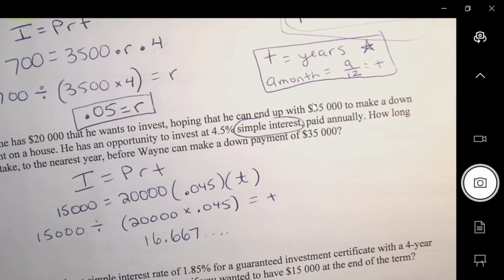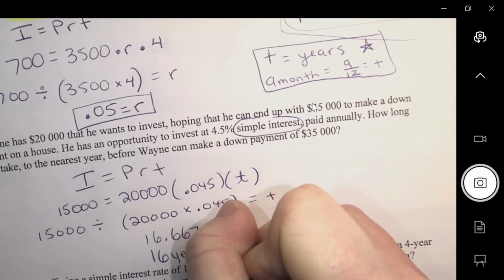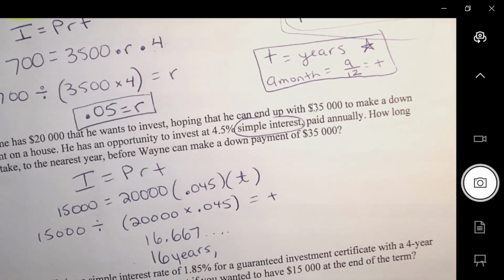Okay, what if I actually wanted to make you answer in how many years, comma, months? Let's do that instead. I'm going to challenge you a little bit more. So this would be 16 years, and how do I convert that to months?